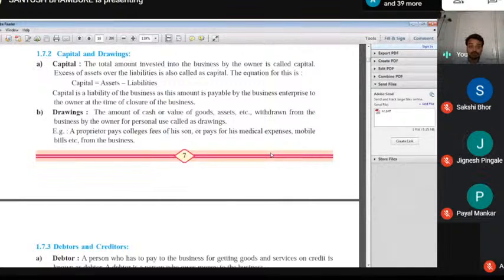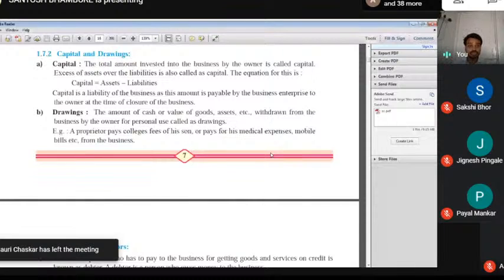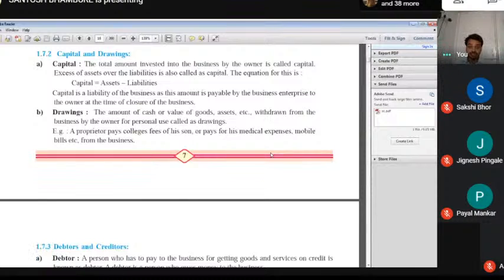But what do we pay? We pay goods, amount, money, whatever, anything. You say anything payable by the business to others. You are also right, but use some proper sentences. Amount, things, goods payable by the business to others is called liability.